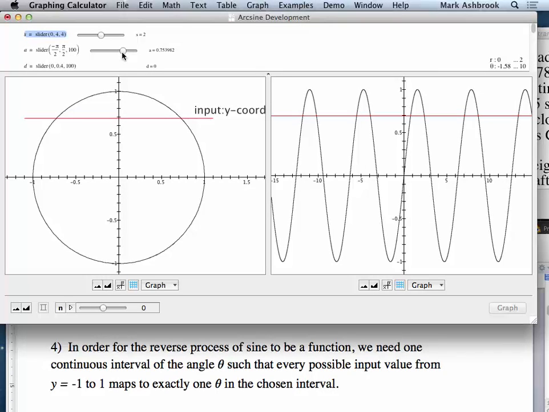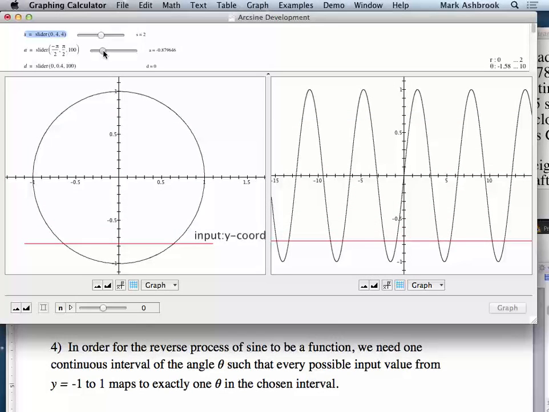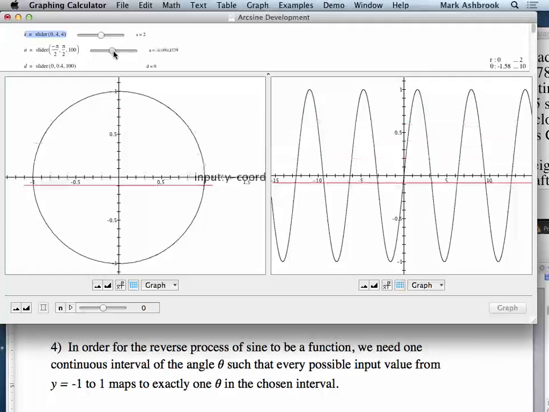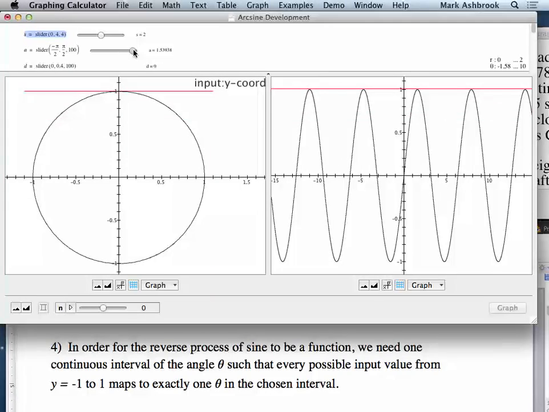Radians is angle measure. So it's radius lengths. Okay, so if it's the vertical distance in radius lengths, what's our domain, or all possible inputs of the reverse process? Negative 1 to 1. That's what you want to change to, right, Miguel? Yeah, from -1 to 1. Here's our lowest right here, and here's our greatest input.